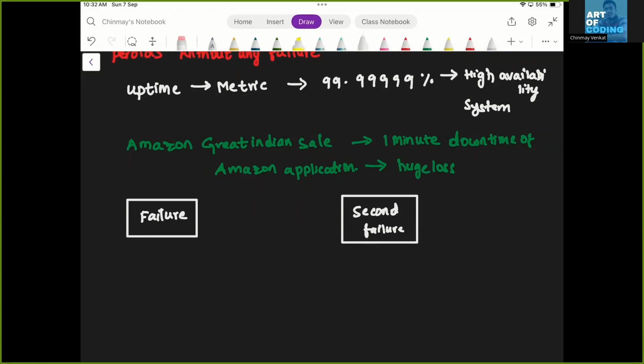We have some parameters here. Let's learn those parameters first. MTTD. What does MTTD denote? Mean time to diagnose. What is meant by MTTR?